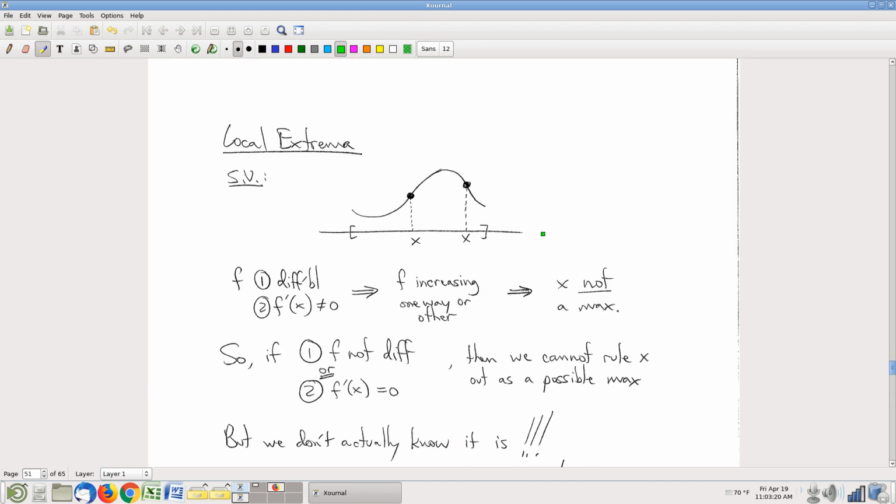Don't forget how the process worked for Calc 1. The big idea was, if you have a point like this one, or this one, where the function's differentiable and the derivative is not zero, something really simple happens. If the function's differentiable and the derivative is not zero, I can't be at the maximum because the function's in the process of increasing.